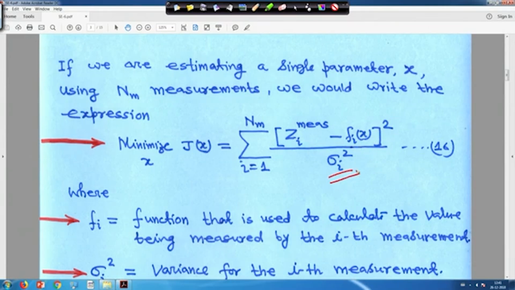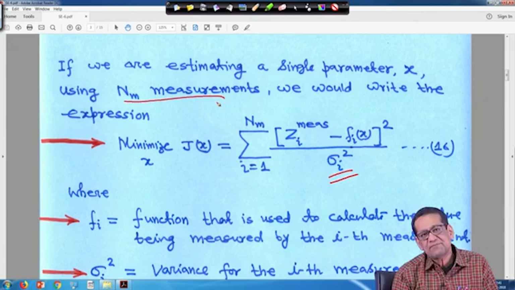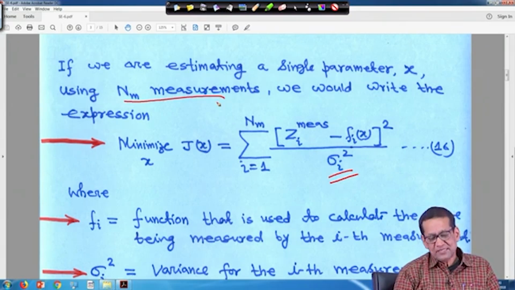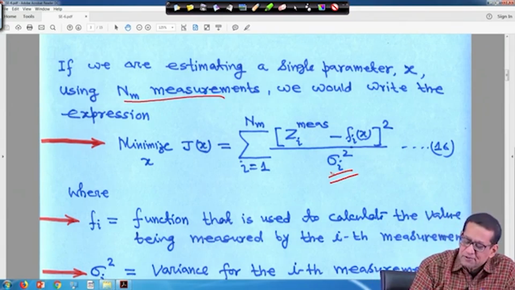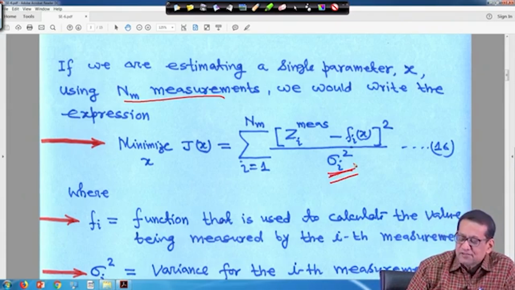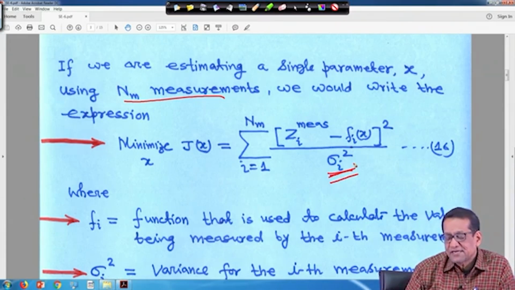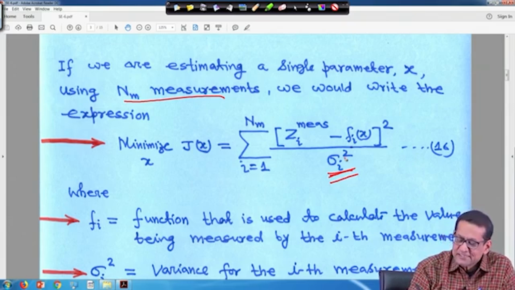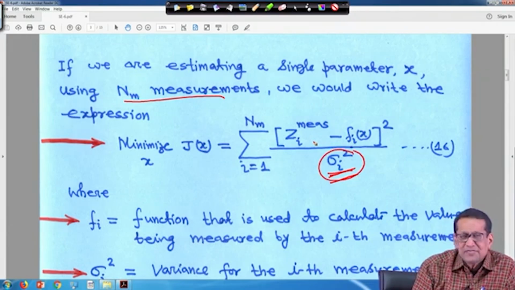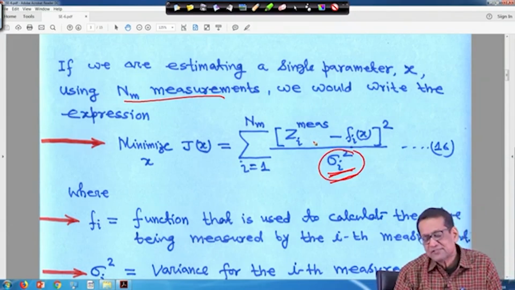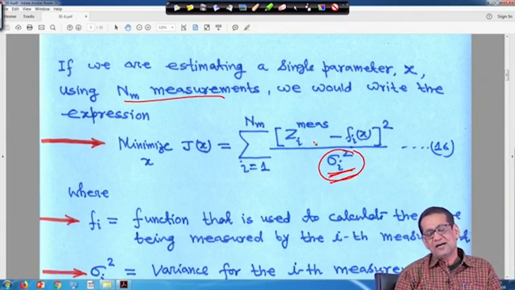So, in this case we have taken this function, and we have a single parameter with nm measurements. Suppose you have different measurement devices and are measuring, but you know the standard deviation sigma i square, which is given, right. So, this is a question to you: I could have taken simply (z i measure minus f i(x)) whole square, instead of dividing by sigma i square, that variance.